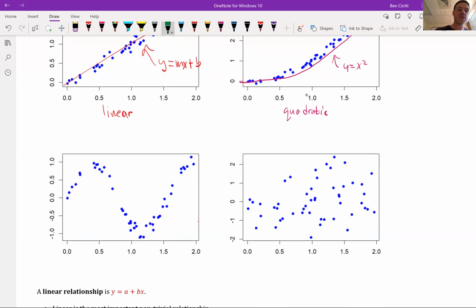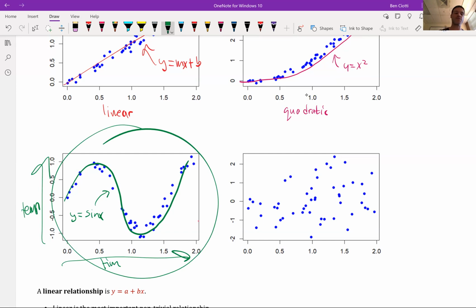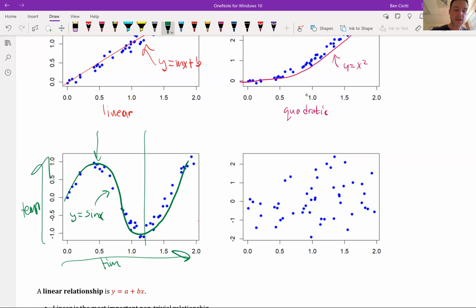How about something that is oscillatory? I actually used y equals sine x to generate this plot. And you could, for example, imagine that the y value is temperature and the x value is time, and this is the temperature over the course of the day. So it increases and reaches a peak, let's say in the middle of the afternoon, and reaches a minimum, let's say in the middle of the night, and then does the same thing over again the next day.